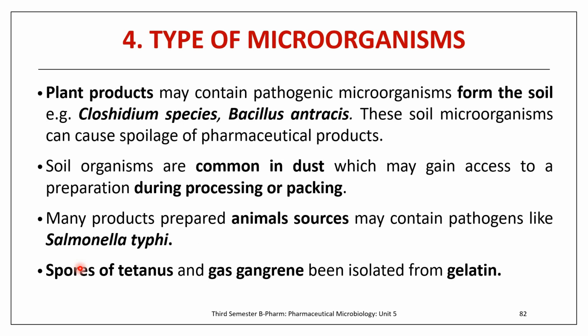Now coming to the next factor, that is the type of microorganism. Some microorganisms originate from the soil, some are from the dust. Plant products may contain some microorganisms from the soil like Clostridium species as well as Bacillus anthracis, and some soil microorganisms which are common in dust may gain access to the pharmaceutical product during processing and packaging.